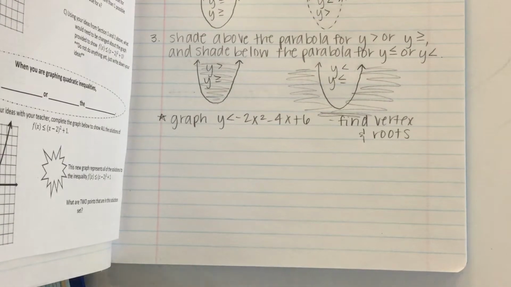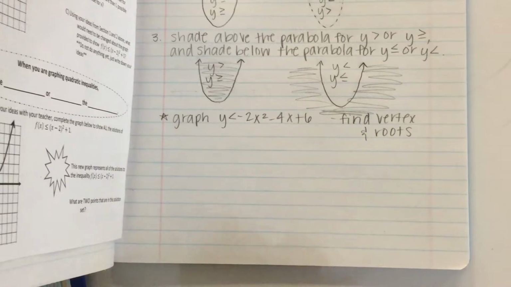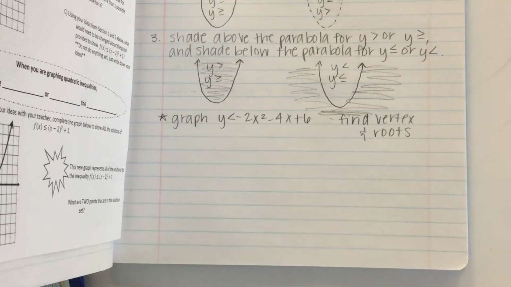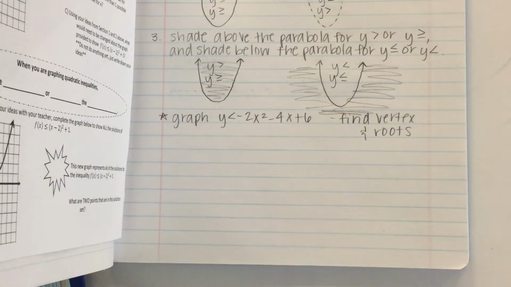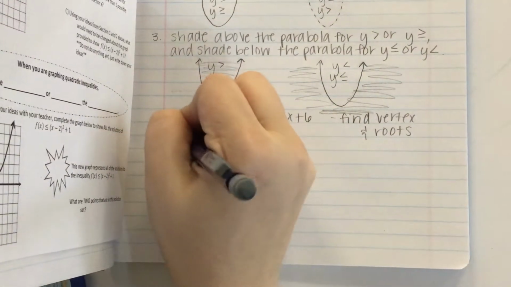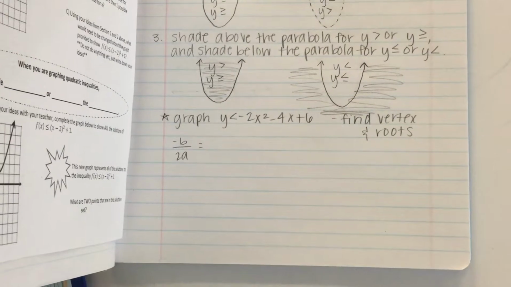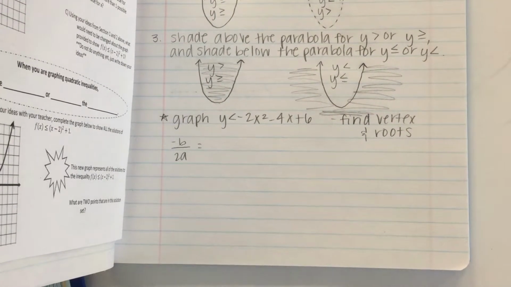Okay, we need to find the vertex. So what form is this in, first of all? Standard. So to find the vertex in standard form, I was gonna make you a cheat sheet. Maybe we'll do that later. What do I use to find the vertex in standard form? Negative b over 2a. That's how you find the vertex, and the axis of symmetry, and the maximum minimum.